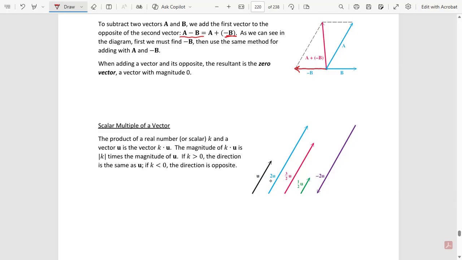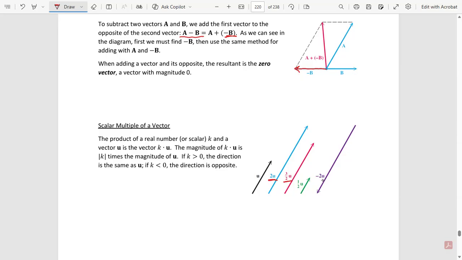If we just multiply by a positive number, that means we are changing only the magnitude. If we had vector u, 2u means just increasing the length of vector u twice. If we multiply by 3/2, that means we are just changing the magnitude.